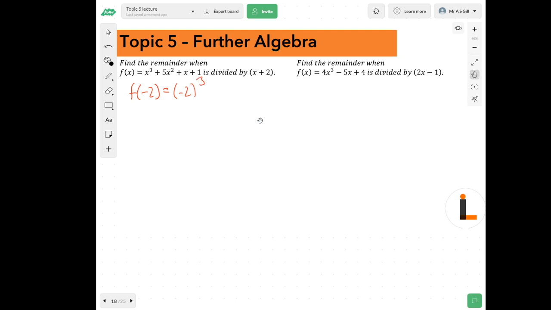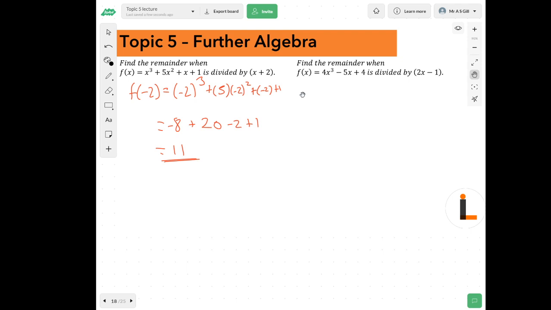F of minus 2 will give us the remainder if we were to do this division. So that's the answer for the left hand side.